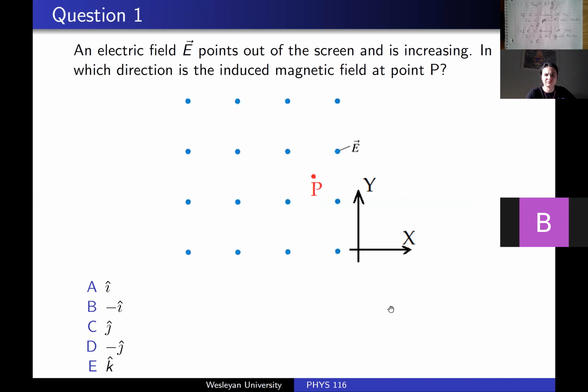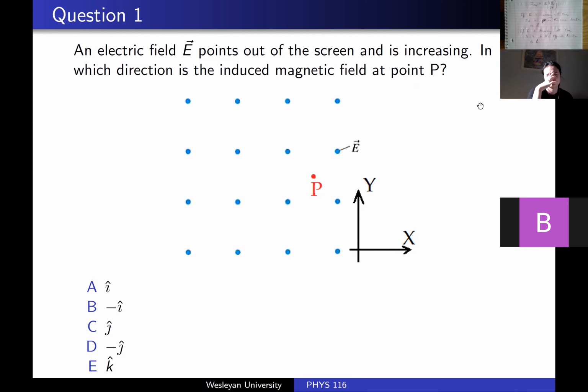I'm giving you an electric field and telling you how it's changing with time. And I'm asking, at point P, which way will the induced magnetic field point?